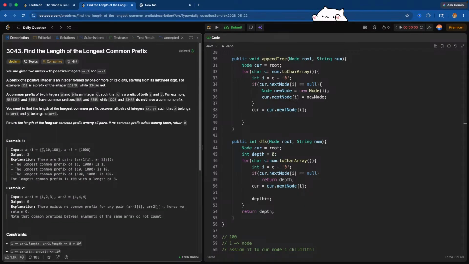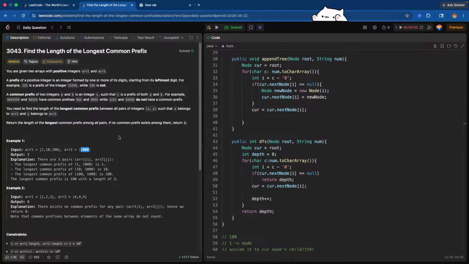Initially, I did the same thing, but instead of comparing for every single element, I combined every single integer into one prefix tree so that most of the multiple overlapping prefixes in array 2, for example 1000, 1001, 1004, all have the same prefix of 1000, as in 1 and double zeros, right?